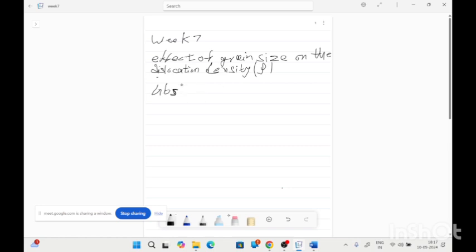So many dislocations are present on the grain boundaries, so the grain boundaries can also act as the dislocation source. This method was given by J.C.M. Li, and the dislocation density is directly proportional to grain size. So we will derive the Hall-Petch relation using this mechanism.